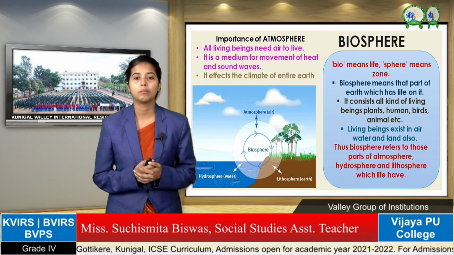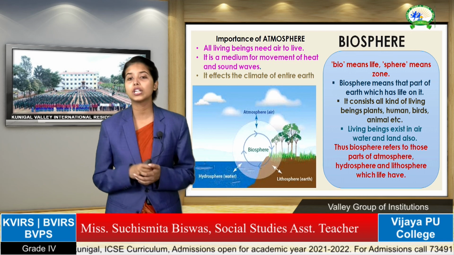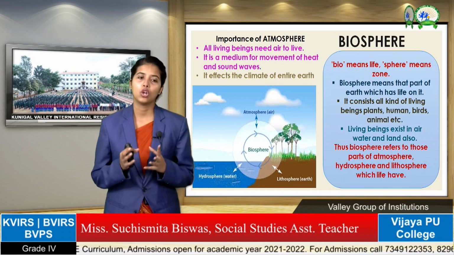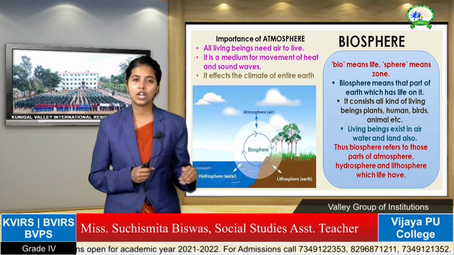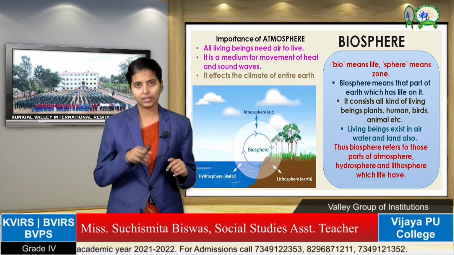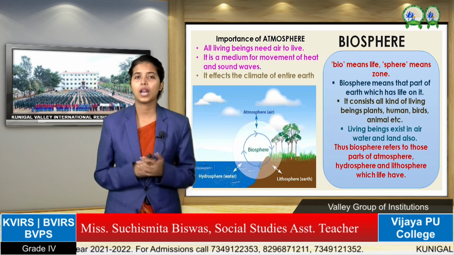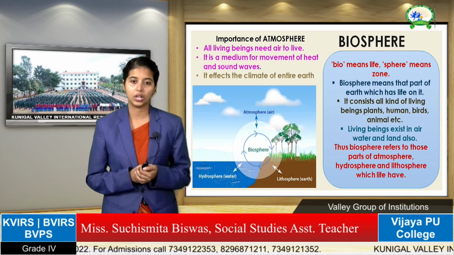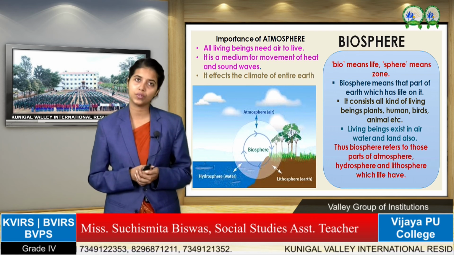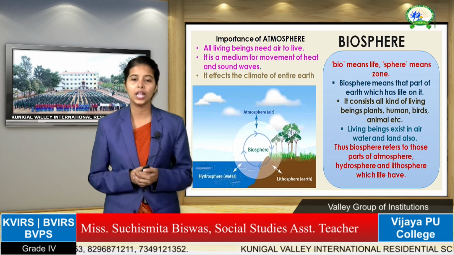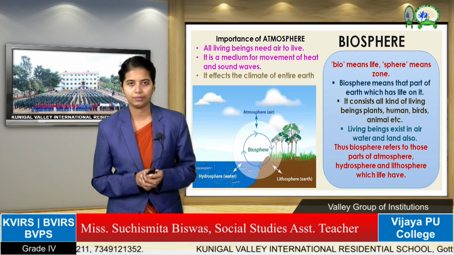Bio means life, sphere means zone. So, life zone. In the picture where we include atmosphere, hydrosphere and lithosphere, and in the middle all the life forms exist, that is called the biosphere. The biosphere refers to those parts of the atmosphere, hydrosphere and lithosphere that contain life.